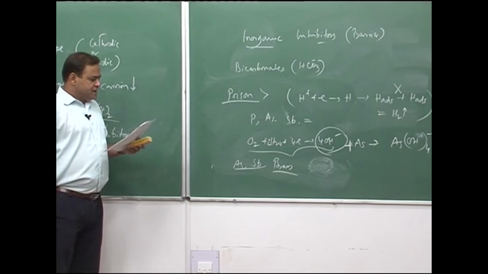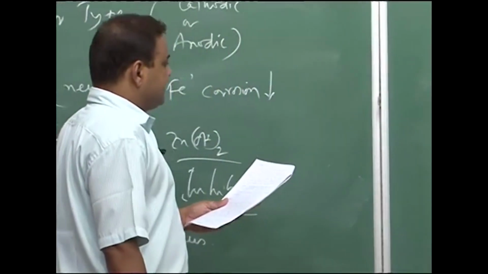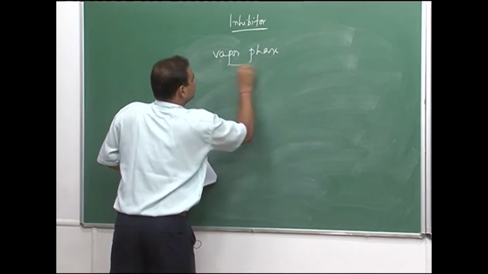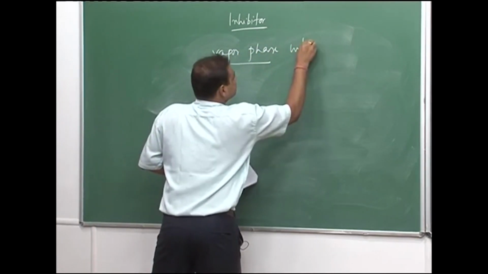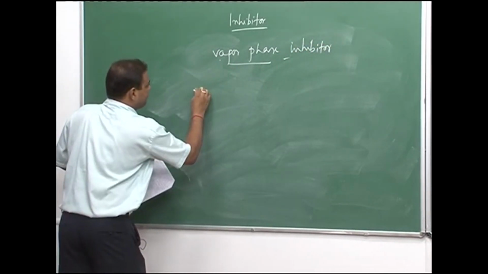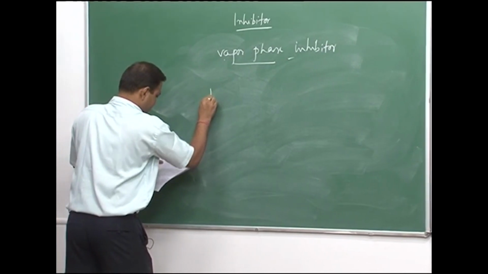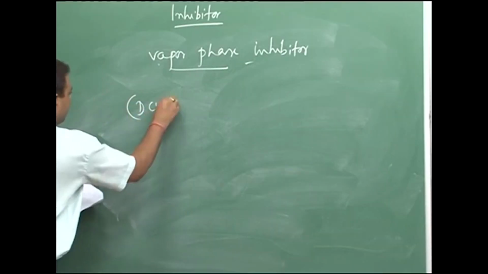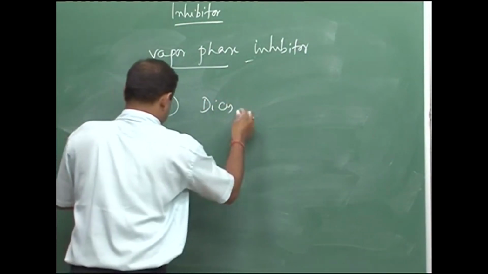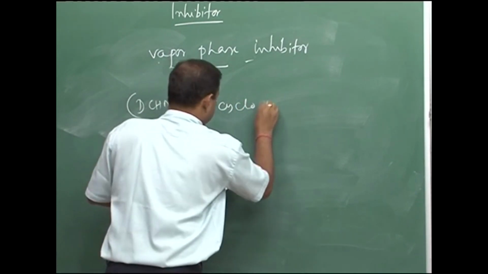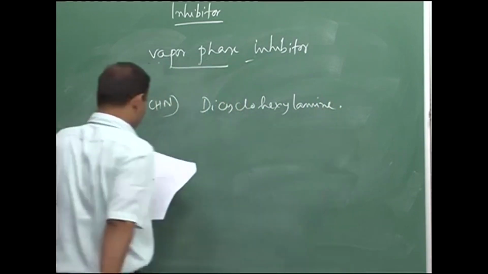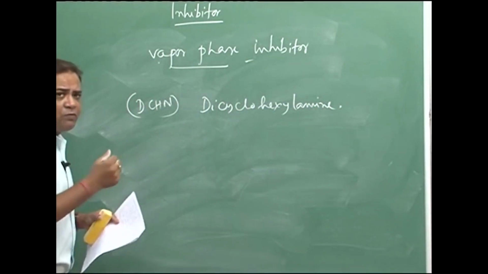For example, one is dicyclohexylamine, DCHN. These vapor phase inhibitors have a very low vapor pressure.